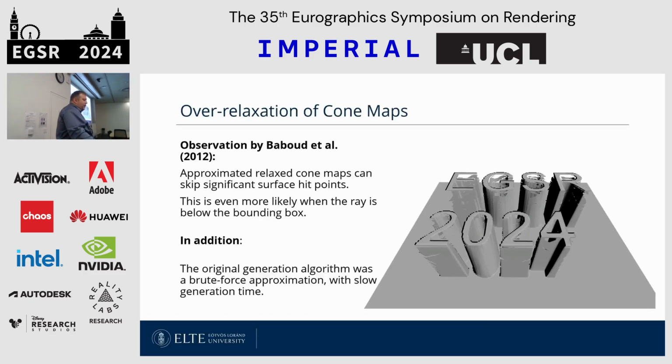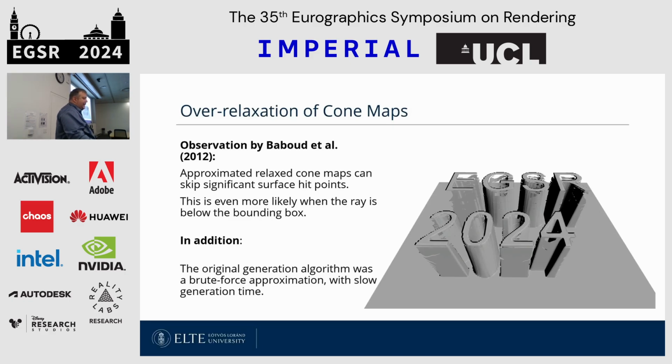Around a decade ago, Baboud, sorry if I'm murdering his name, observed that the relaxed cone map has some issues. The relaxed cone map uses an approximation to generate these cone maps, and it has problems capturing the surface properly.